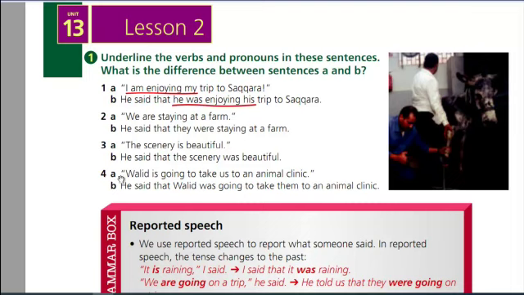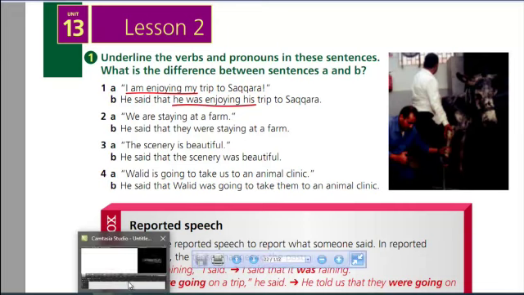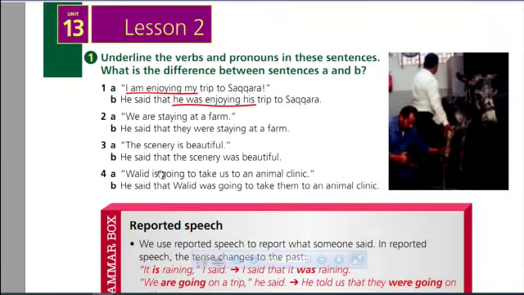Number 4. Walid is going to take us to an animal clinic. He said that Walid was going to take them to an animal clinic. In sentence number A, we don't have any pronouns, no, but we have a pronoun, sorry.